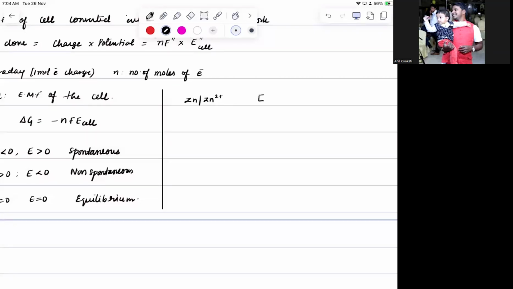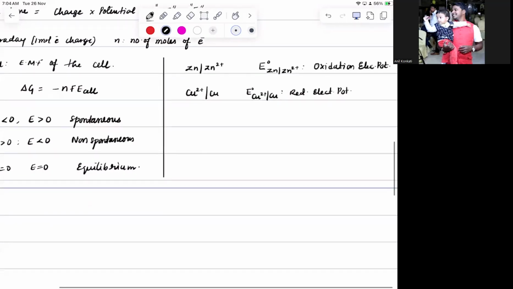So if I write the same thing as zinc to Zn2+, we read this as oxidation electrode potential. While if I write copper 2+ to copper, that means we are talking about reduction electrode potential, or electrode reduction potential.